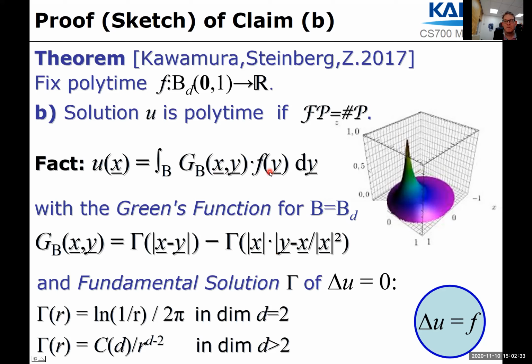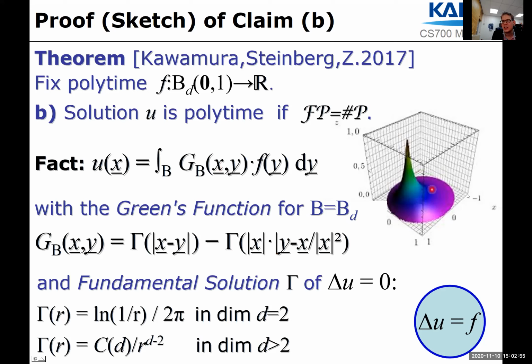So this is not a continuous integrand. It has a singularity. It's a removable singularity. That's part of the solution theory. So integrating over a continuous function like this results in a well-defined but still improper integral.